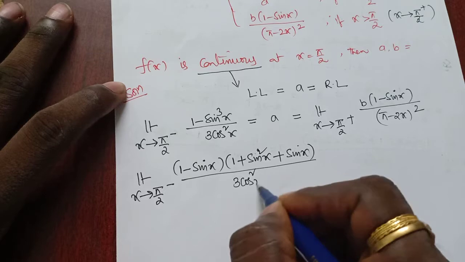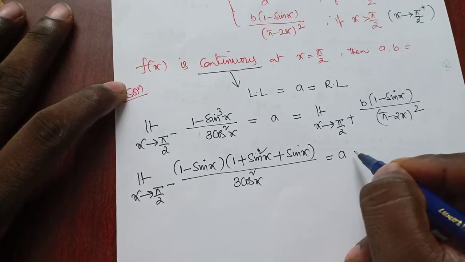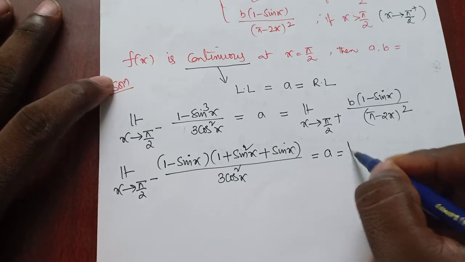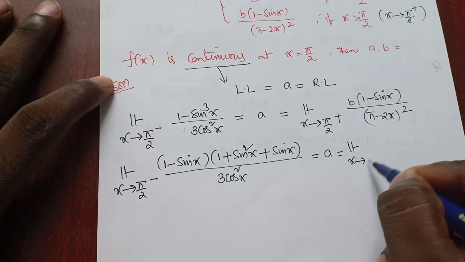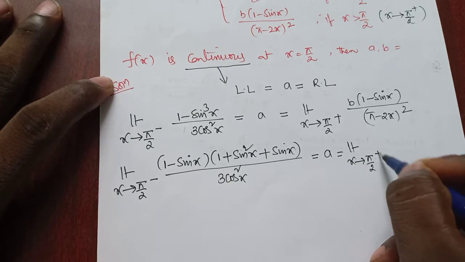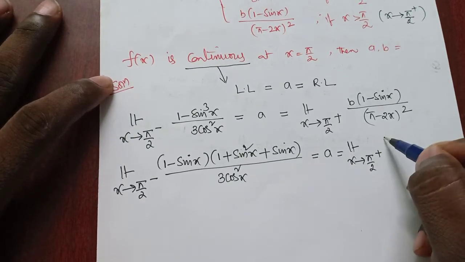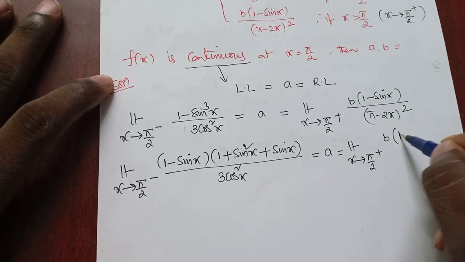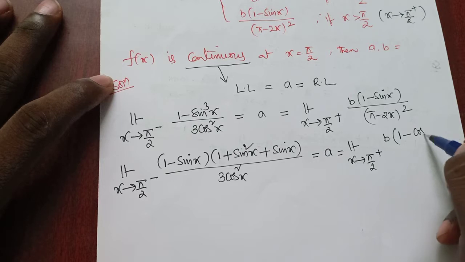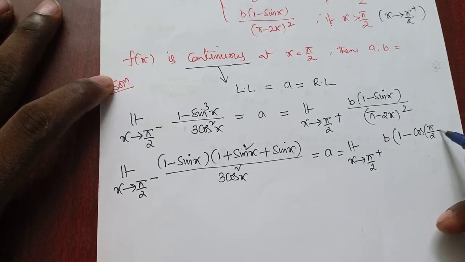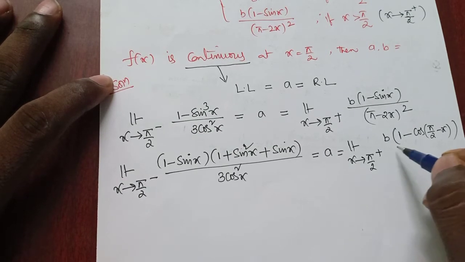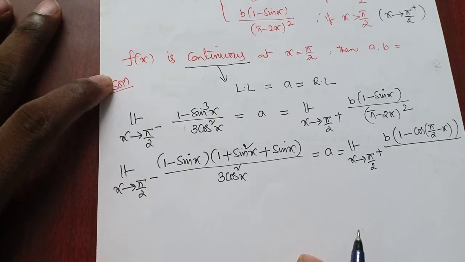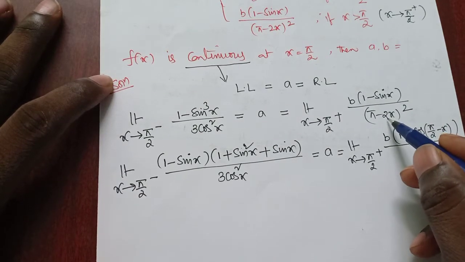which is equal to a, and it is equal to limit x tends to pi by 2 plus, now see here, b into (1 minus sin x). Now sin x can be written as cos of (pi by 2 minus x), okay, and divided by, now take 2 common here.